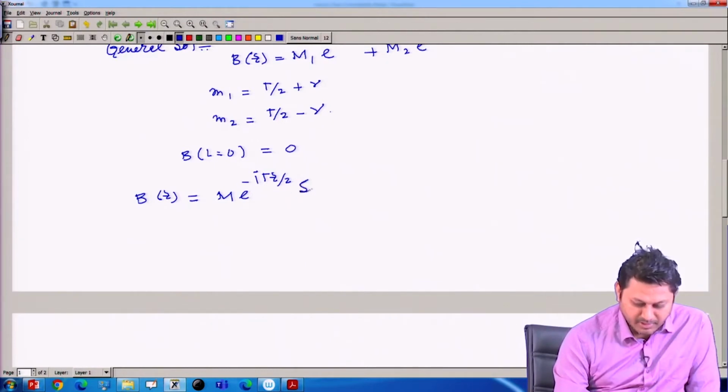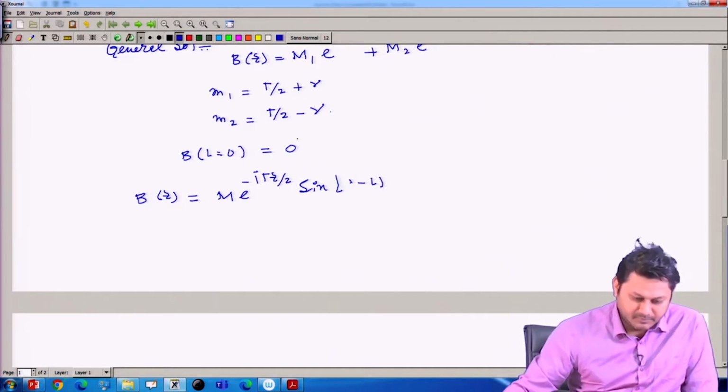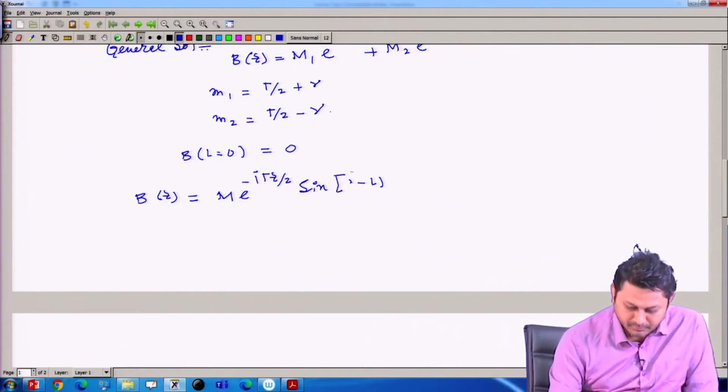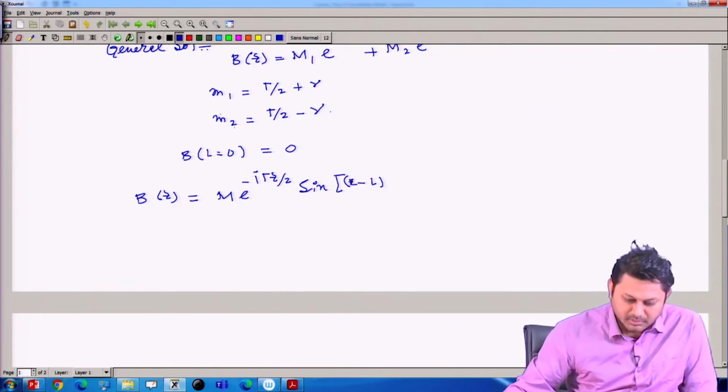Now, instead of a hyperbolic function, I am going to have a sine function like that, sine of z minus L, sorry, sine of z minus L. So, let me erase it and write it once again.